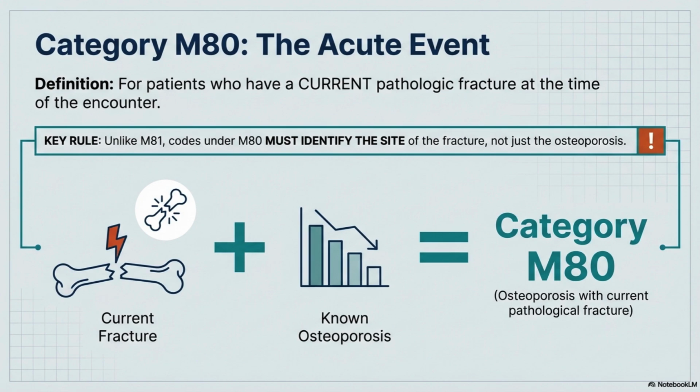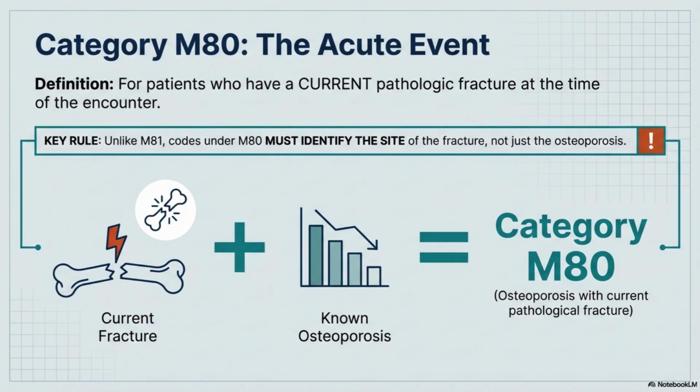Category M80 is used when a patient has osteoporosis with a current pathologic fracture. This is considered an acute event because the fracture is happening right now, during this encounter. The key point is that the fracture occurs because the bone is already weakened by osteoporosis, not because of significant trauma. Even a minor fall or low-impact incident can cause a break when bone strength is compromised.